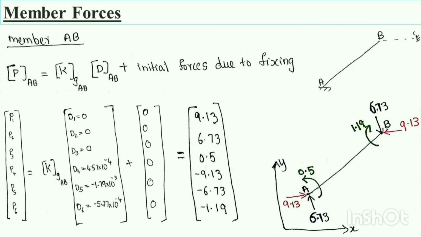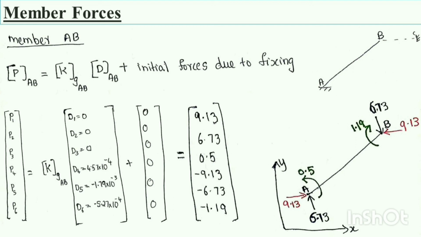First, for member AB, the member force PAB will be equal to kgAB into DAB plus initial forces due to fixing, that is equivalent forces due to fixing. So the forces in member AB are P1, P2, P3, P4, P5, P6, which is equal to kgAB into D, where D1 is 0, D2 is 0, D3 is 0, and D4, D5, D6 we have found earlier, plus initial forces due to fixing.